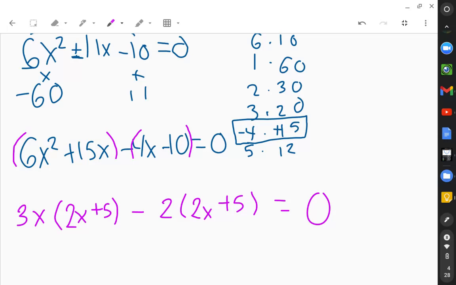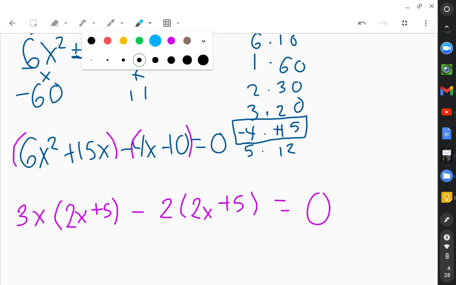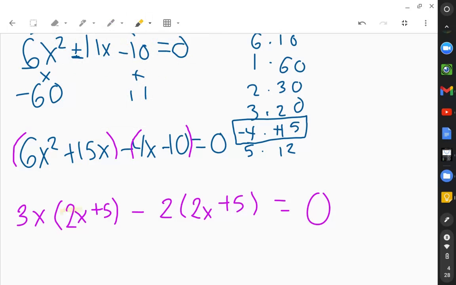And you'll know you're on the right track here, and let me just use the highlighter, you'll see that these two binomials are exactly the same. And so that's going to be one of your factors here. Let's go back into our pen here.